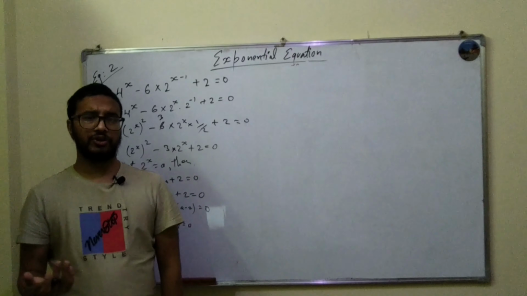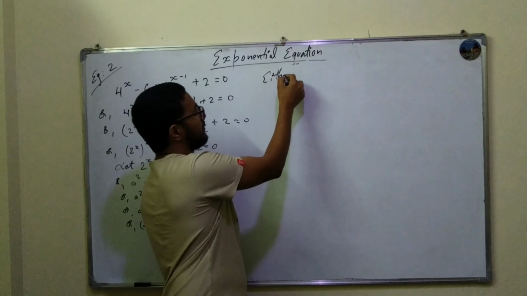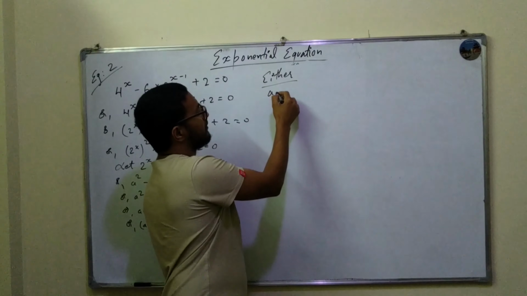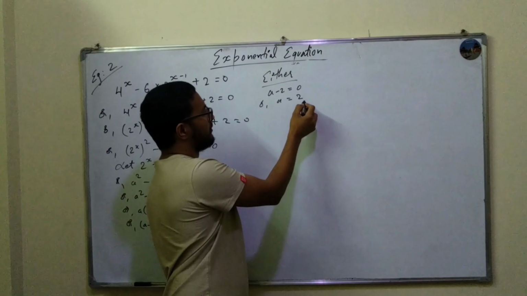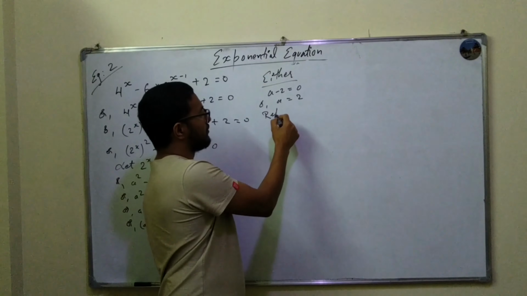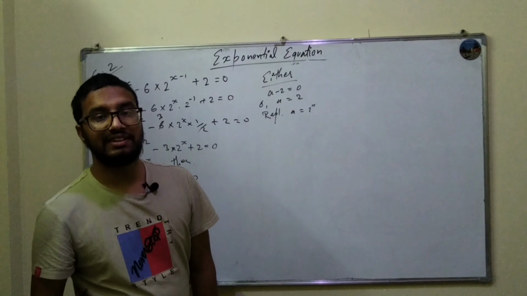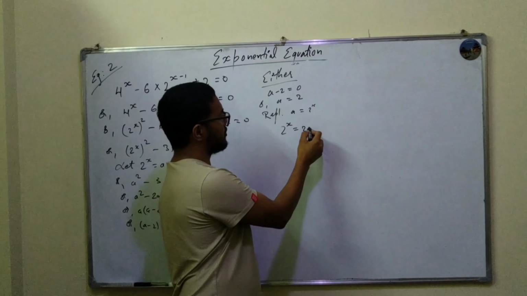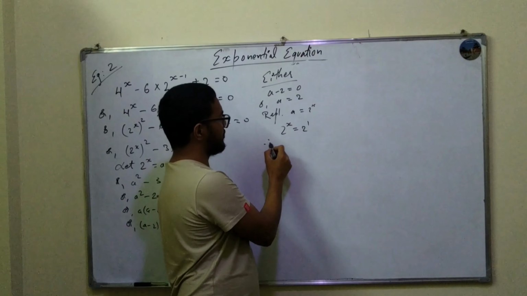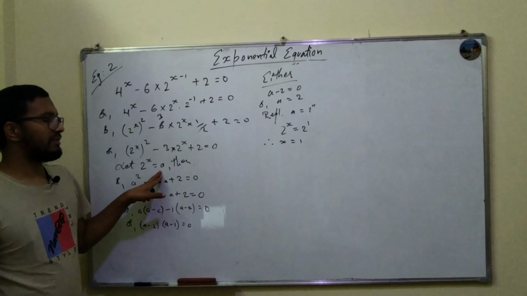So let's see, either or. Now I am replacing the value, okay? So 2 to the power x is equal to 2 to the power 1, right? So therefore x is equal to 1.